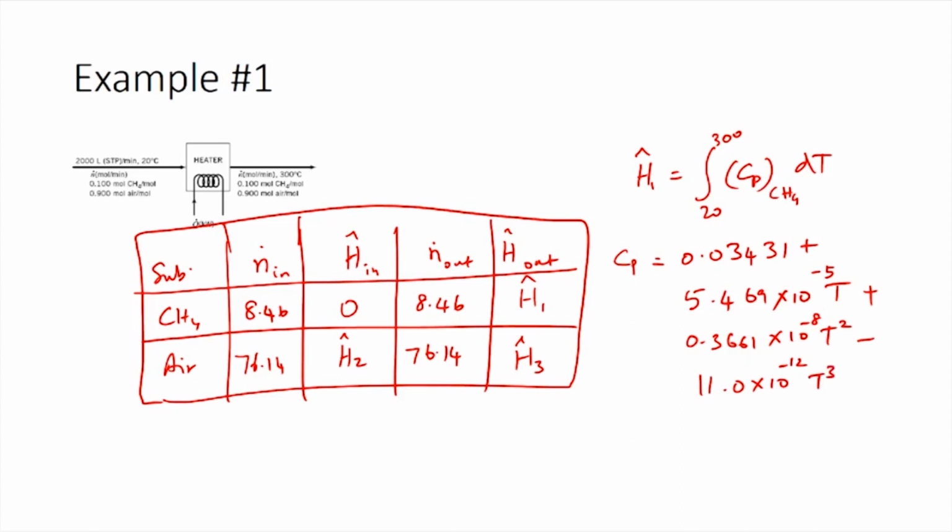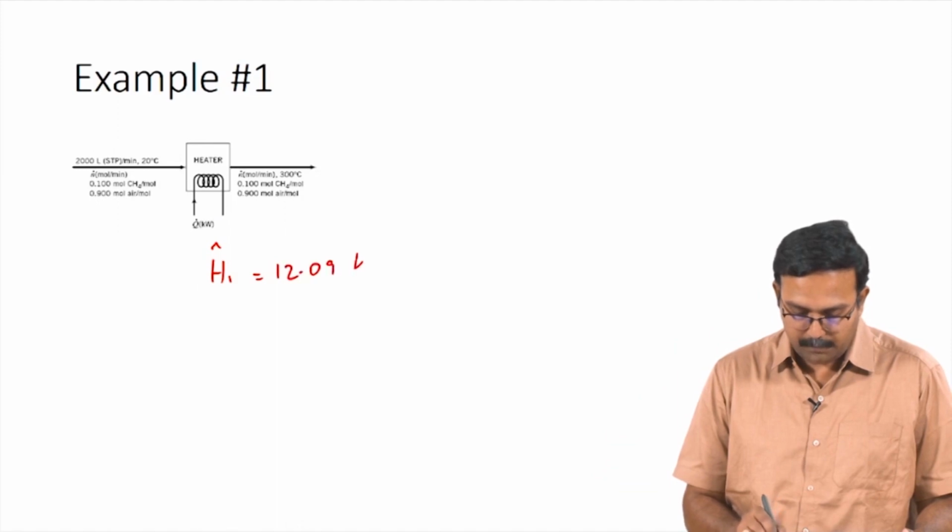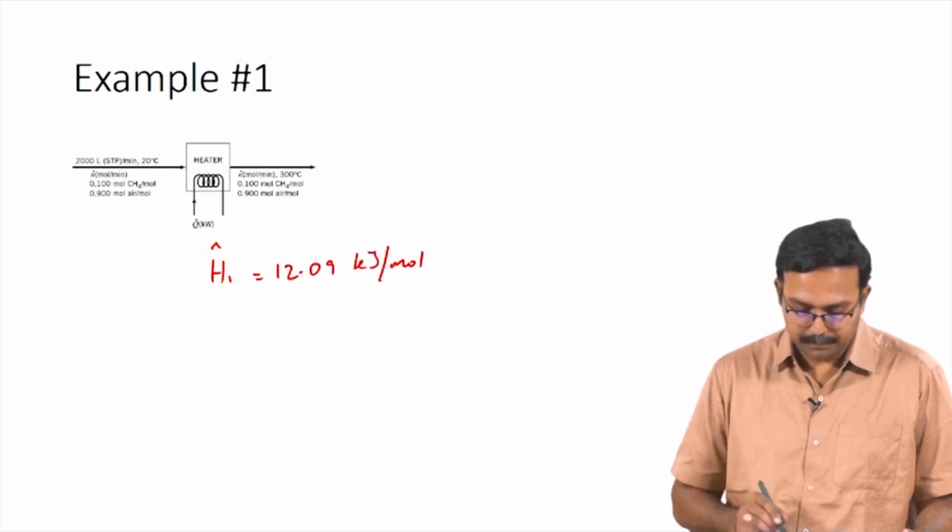So, this is the Cp value. Integrating this from 20 to 300 degrees Celsius, we would be able to get the change in enthalpy, which is H1 cap. Doing that, we get H1 cap as 12.09 kilojoules per mole.